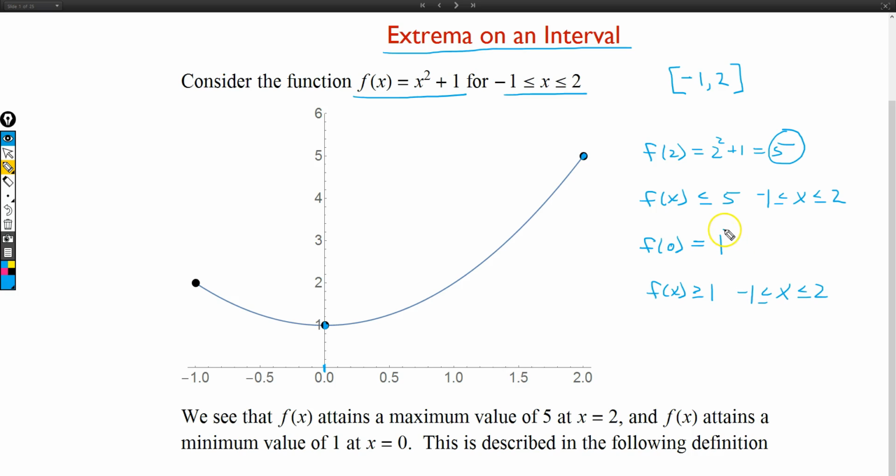So we call this number 1 a minimum or absolute minimum for f of x over this interval. Now it's also important to note that f of x actually attains its minimum value. So there is a number in this interval for which f of that number is equal to 1, that number being 0 in this particular example. So we have the following definition based on this example.